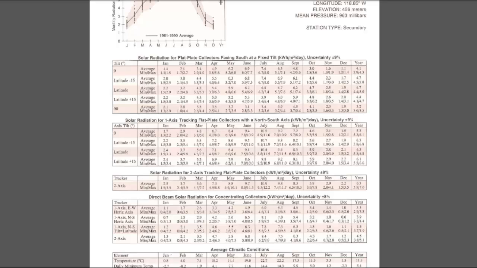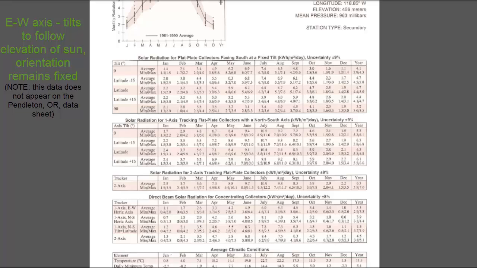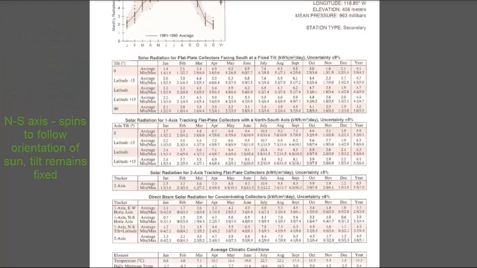The second dataset is for a single axis tracker, of which there are 2 types. East-west axis trackers, which tilt up and down to track the elevation of the sun, but do not change orientation, and north-south trackers, which spin to track orientation, but have a fixed tilt angle.